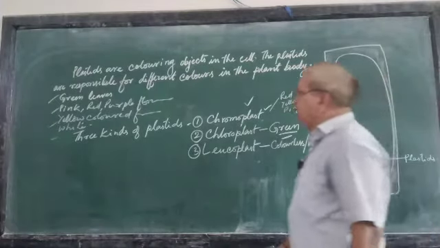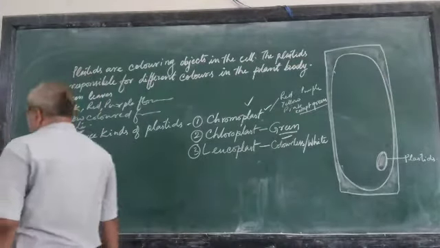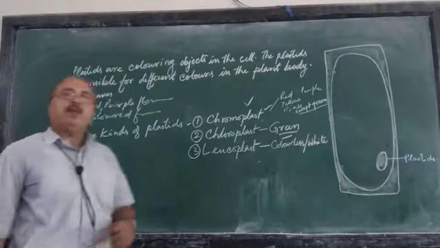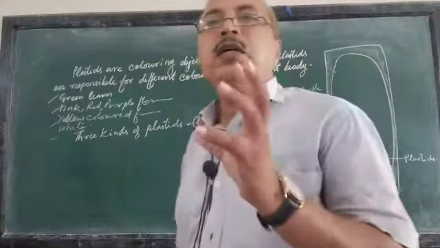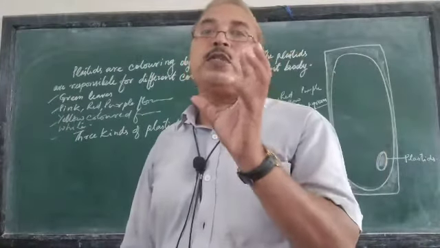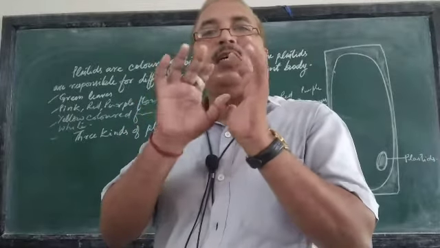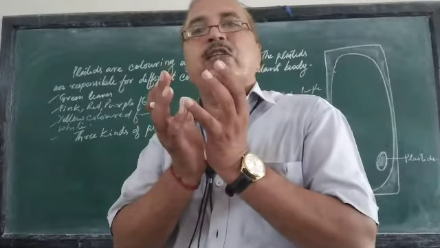Clear? Now regarding its structure, you see, in examinations sometimes it is asked. Have you ever seen guava fruit? In guava you may have seen seeds, but the seeds are packed inside the pulp of guava that we like to eat.